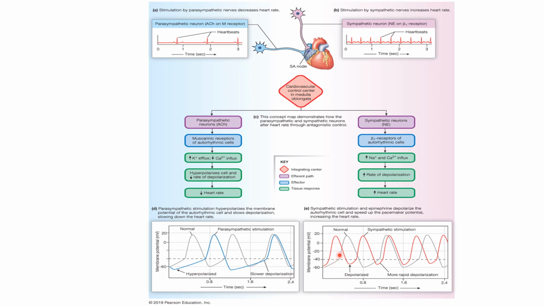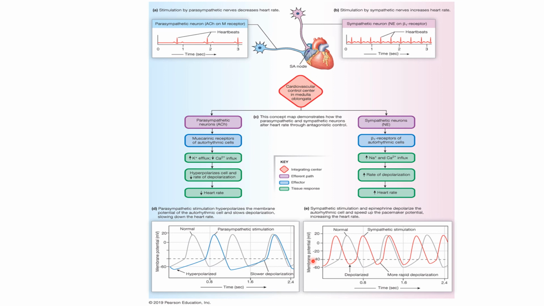If this gray graph is showing you a normal action potential taking place in your autorhythmic cell, notice how in the red graph, we are starting at a much less negative pacemaker potential, or resting membrane potential. The reason we are starting off at a less negative membrane potential is that we've increased the amount of sodium and calcium entering the cell.